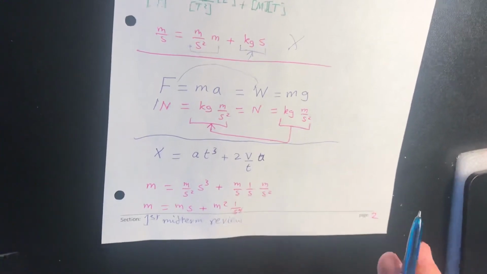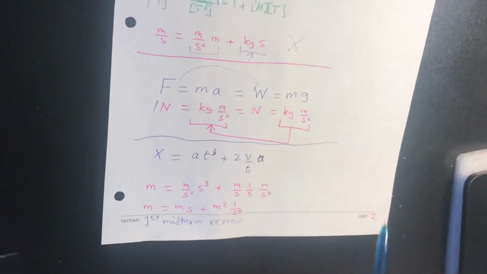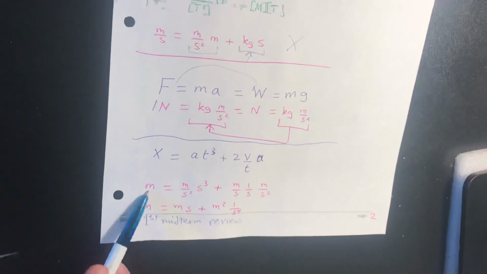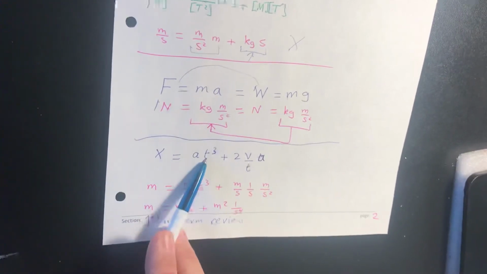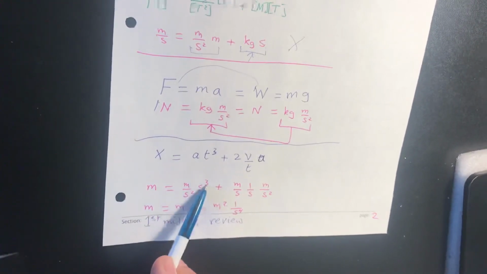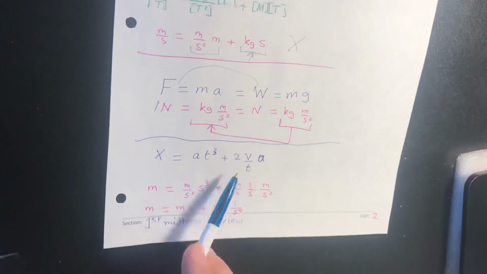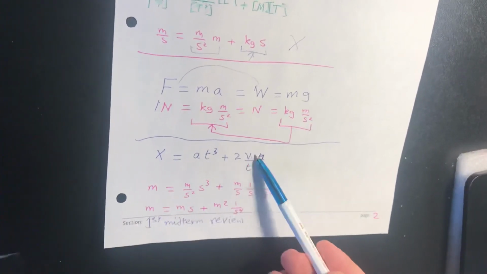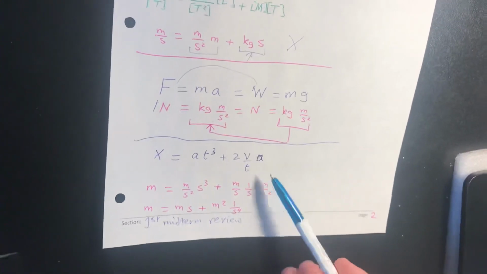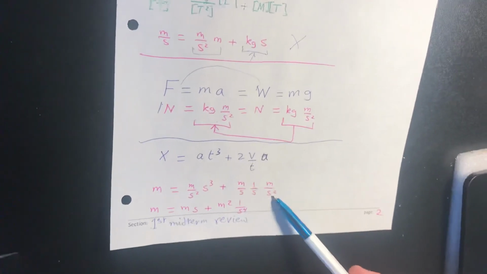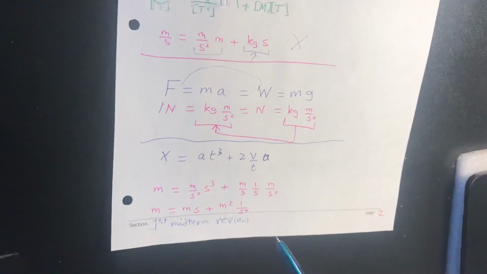In mathematics it's okay, but in physics, x is in meters, acceleration is in meter per square second, t cubed is second cubed, plus 2 unitless, v is meter per second, 1 over time is 1 over second, the acceleration meter per squared second.